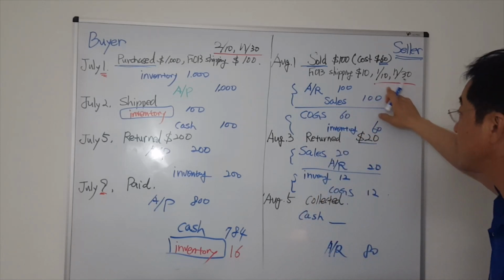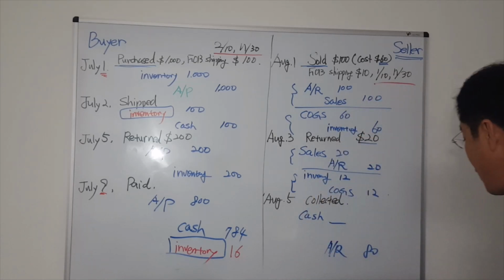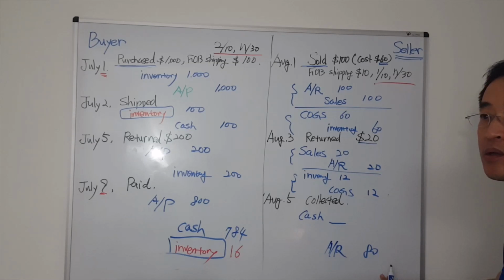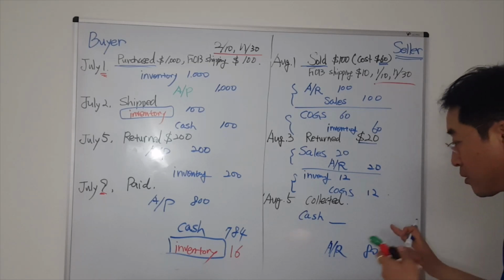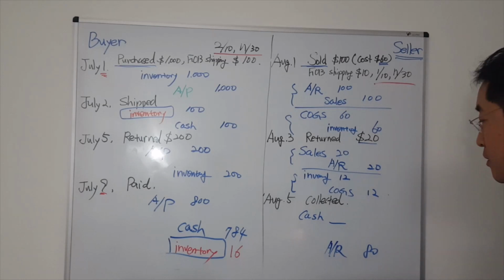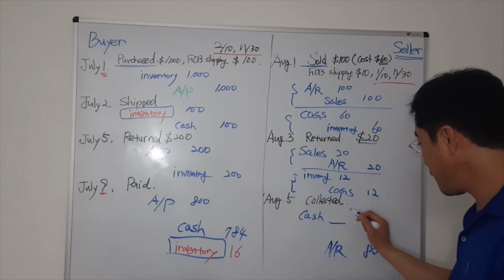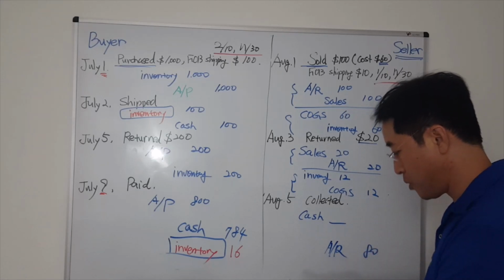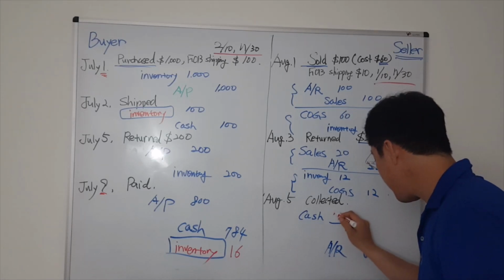So we are not collecting $80 total. We're going to collect the amount after subtracting the discount. 1% of $80, how much? 80 cents. So we're going to collect only how much? $79.20.